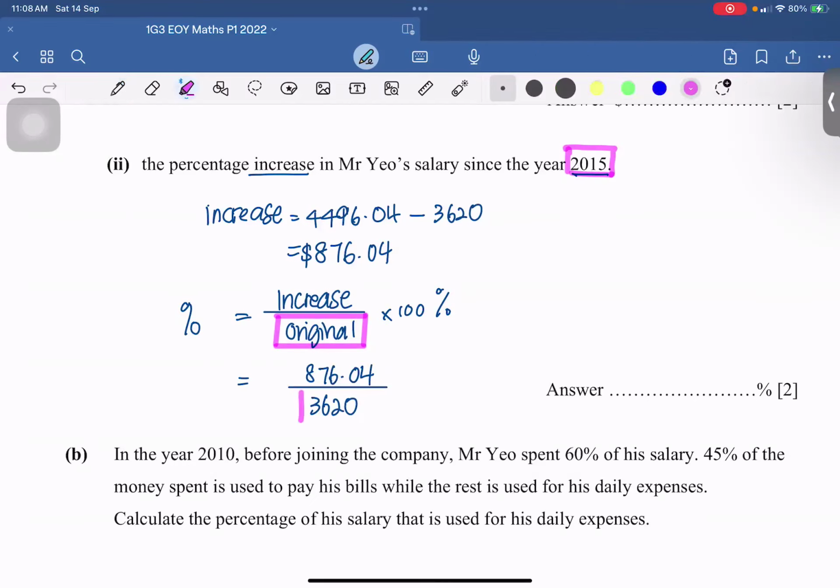Please make sure you choose the correct base value. If you choose the correct base value, then your answer will be the correct one. If not, then everything will be gone. This one is a nice number, so you can write it as a decimal if you want to, or you can leave it exact as a fraction.